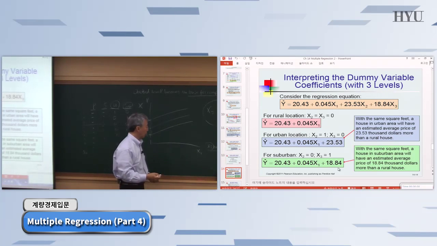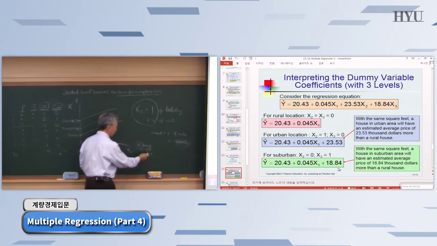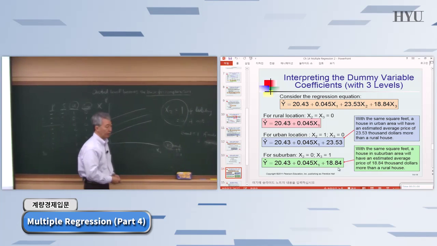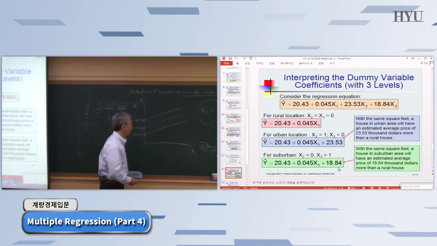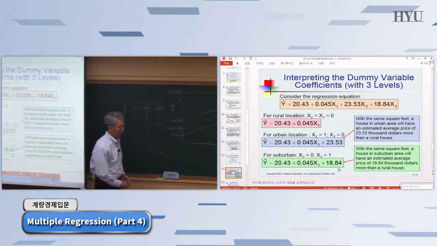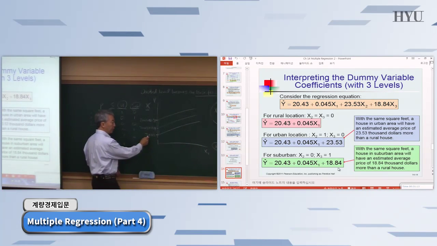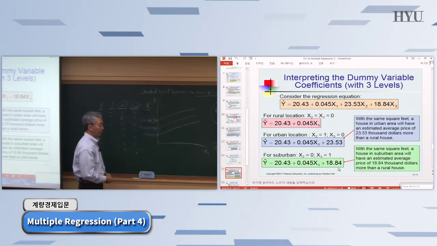So in the gender case, the omitted level was female. Compared to female, male wage was higher by 85 cents in that example. In this case, the omitted level was rural. So compared to the rural house, the house in the urban area was higher by 23.53.